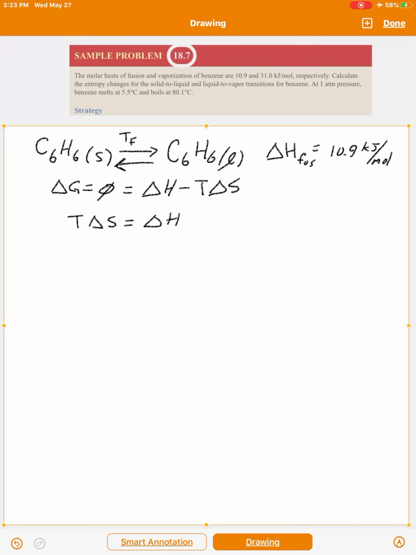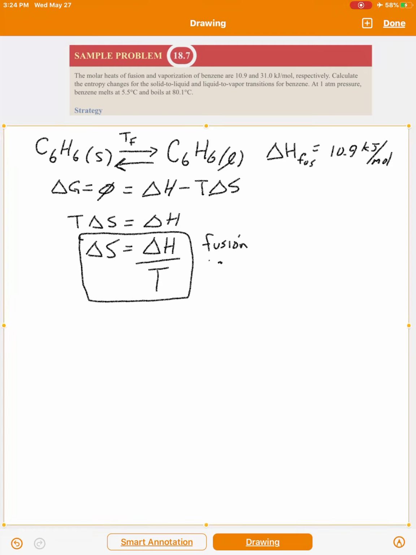So if we want to know what the change in entropy is for this process, all we have to do is divide both sides by the temperature. Okay? This goes for any phase change, any change of state process. So this would be true for fusion, but it would also be true for vaporization. It's just the values would be different.